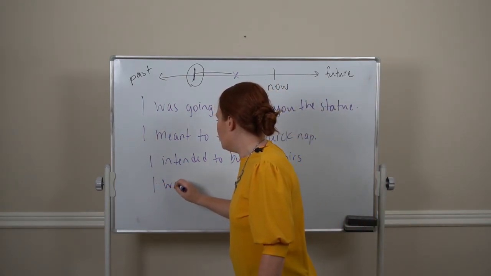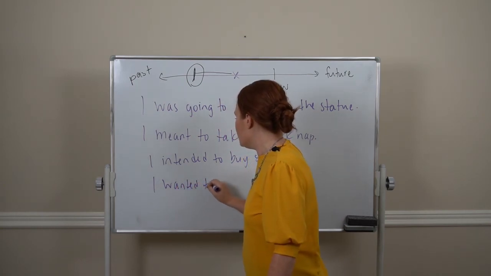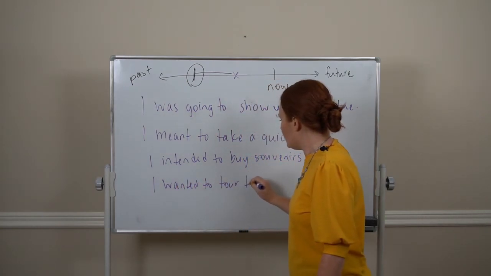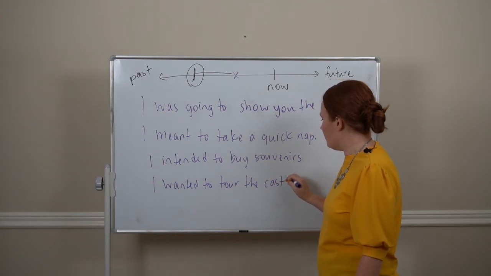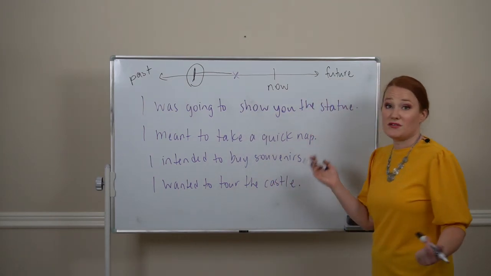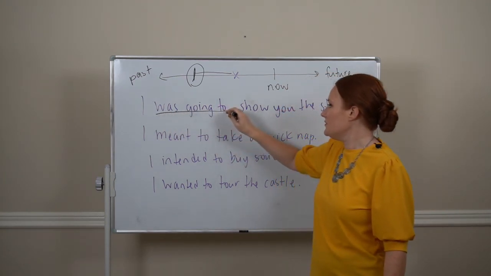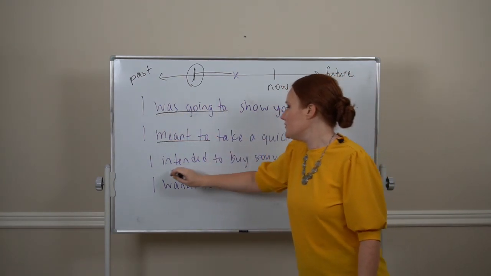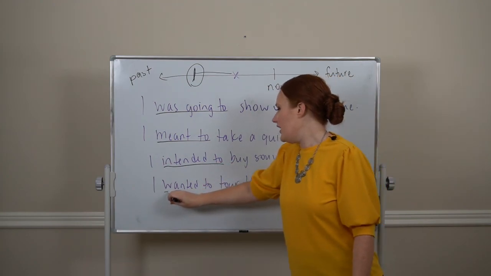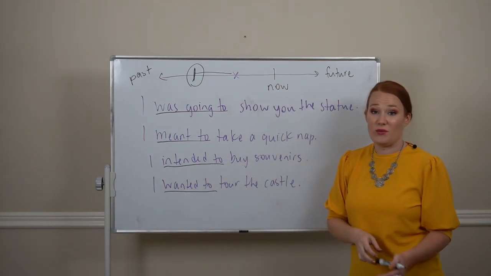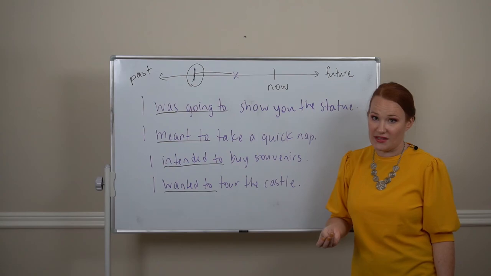Or I wanted to tour the castle, but it was closed for repairs. So, was going to or was gonna, meant to, intended to, and wanted to all imply that we had a plan to do something, but it didn't happen.